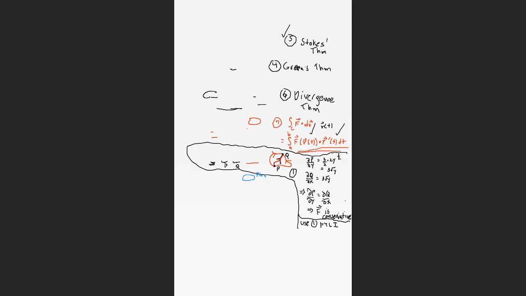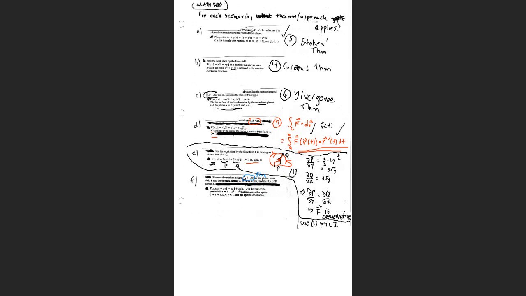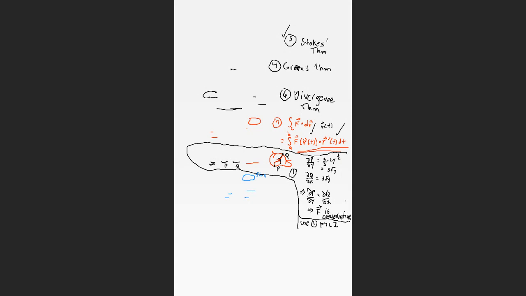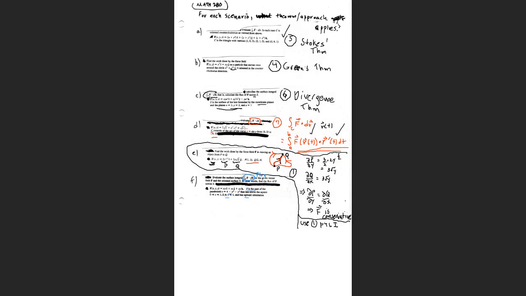So the question is, do we have a closed surface in this scenario F? Evaluate the flux across surface S, and surface S is the part of the paraboloid that lies above this square and has upward orientation. So is surface S a closed surface or an open surface in scenario F?